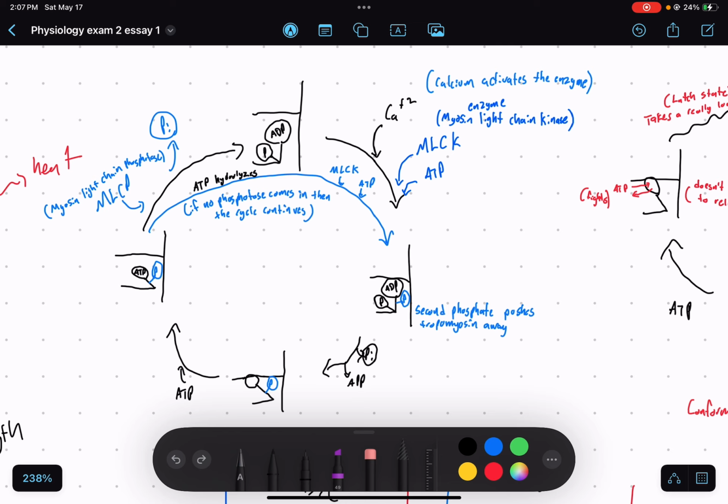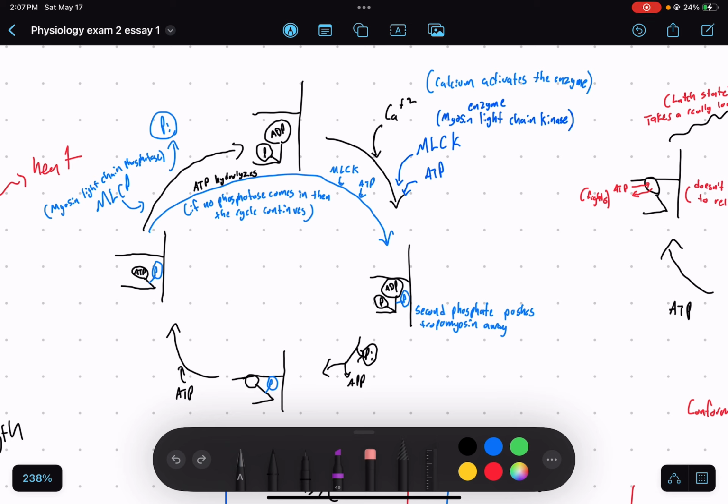Once that occurs, your phosphate and your ADP are going to fall off, allowing that power stroke to occur. And then you still have that second phosphate on there. ATP will then come in, causing the release from the actin head. And as long as you have that phosphate on there, you can go right ahead into another contraction, over and over again.